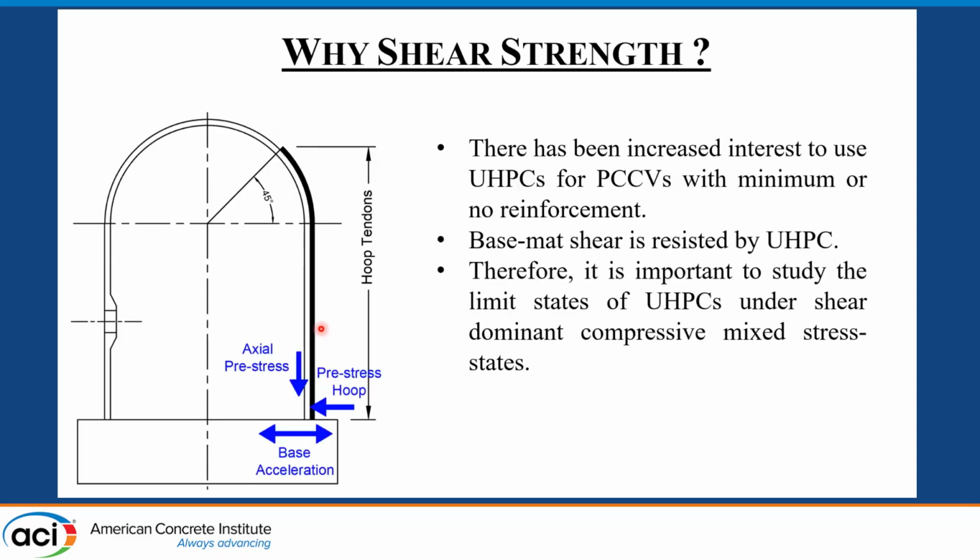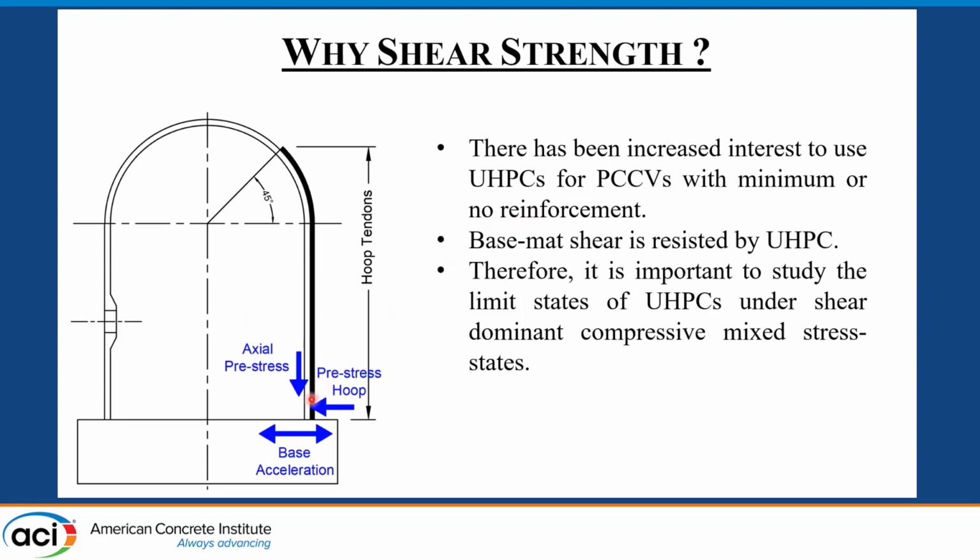This is one example of such structures where shear reinforcement can be less than required. UHPCs are getting stronger and stronger day by day, and there is a desire to minimize the use of reinforcement in PCCVs, pressurized concrete containment vessels. This structure specifically is for a nuclear reactor.